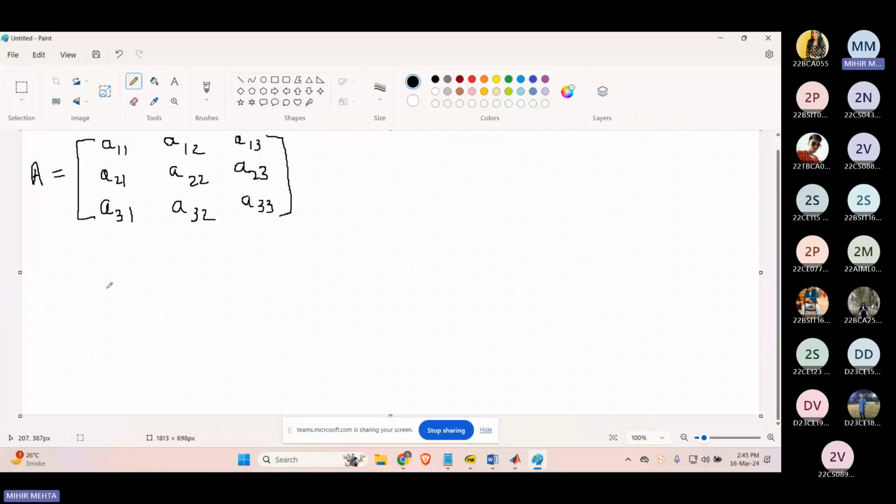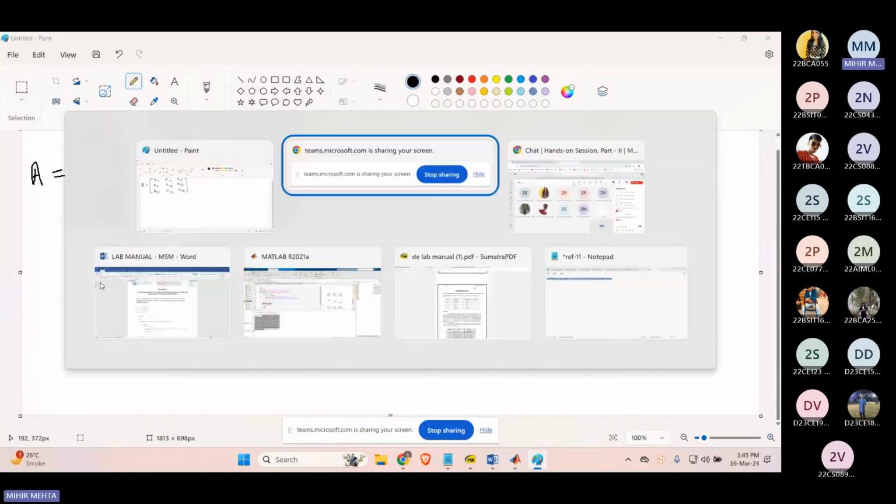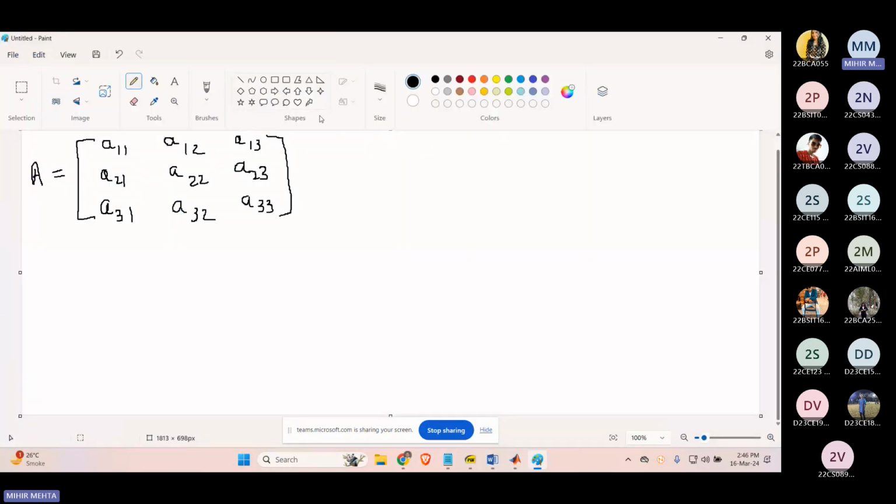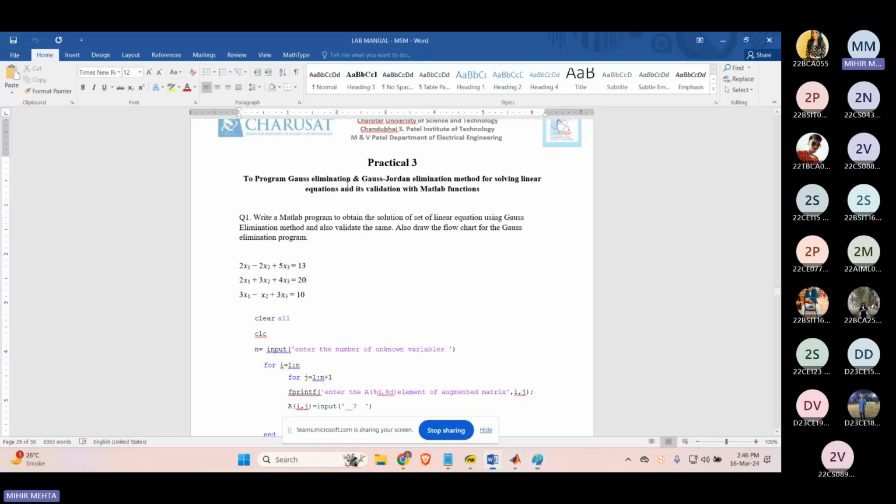Now we had the equations. If I come back to the equations, these are the three equations. I make a matrix A that needs to be multiplied with a matrix X, which is nothing but x1, x2, and x3.